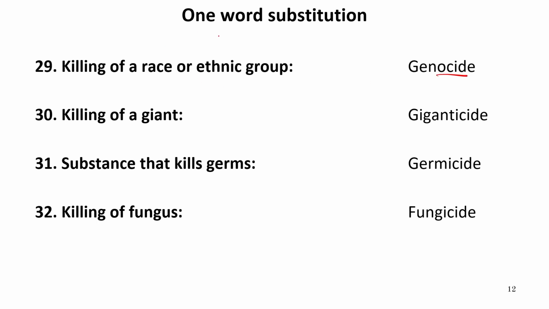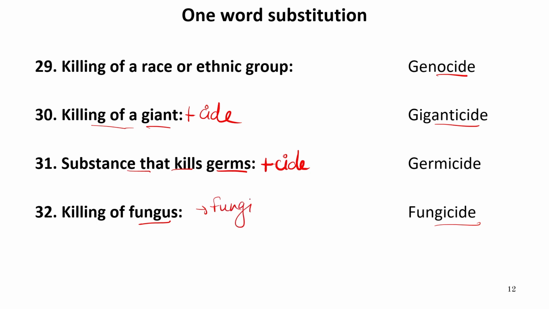Now, if someone kills the entire group, the entire race of someone, that is known as genocide. Killing of a giant is known as gianticide. Substance that kills germs, now it is just germs plus side, that is germicide. And this is giant plus side, this is gianticide. Killing of fungus, this is known as fungicide. So for fungus we use a plural noun, that is fungi, and we just add side to it.